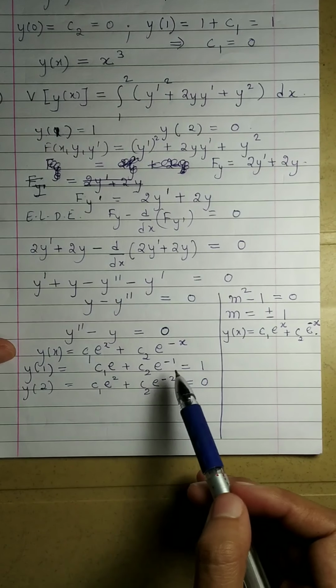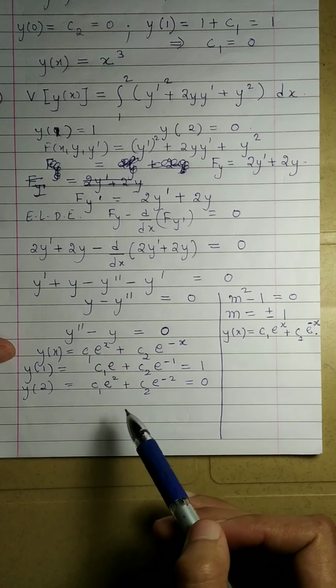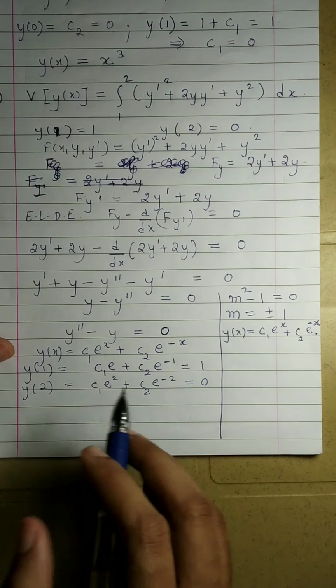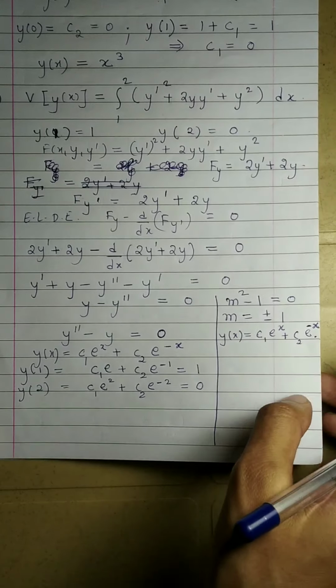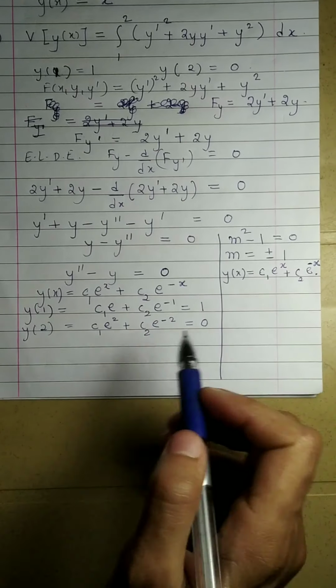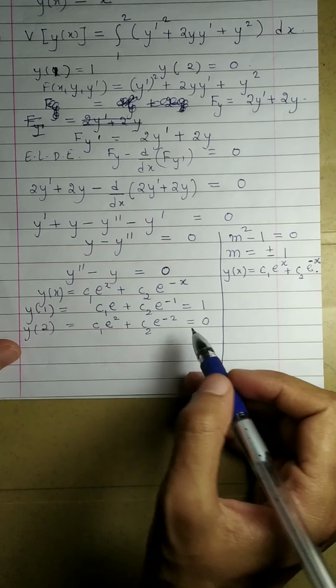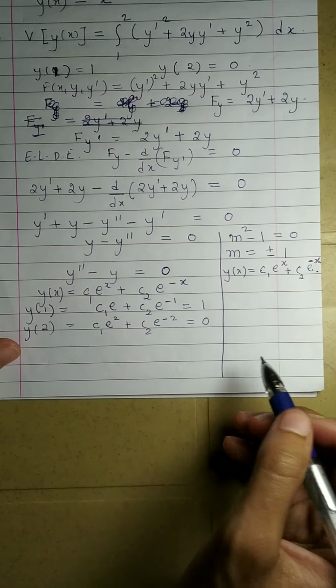You can see here we have two unknowns and two equations, so we can use the elimination method, or whichever method you are comfortable with, to find the constants C1 and C2.